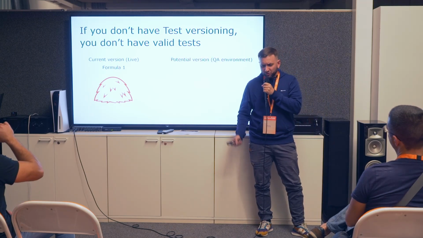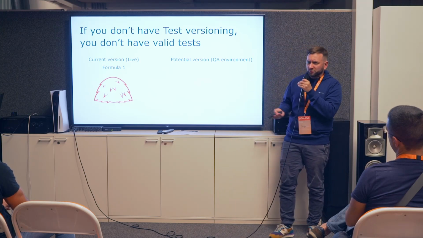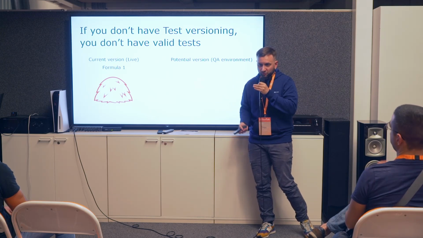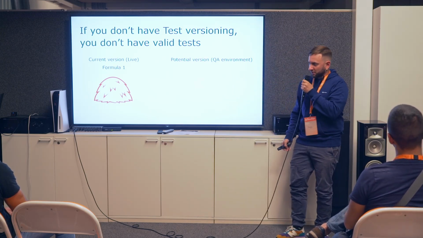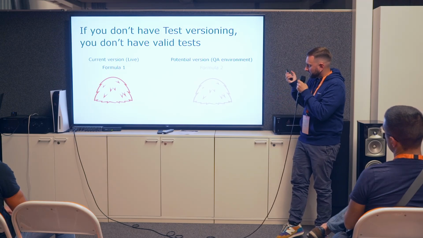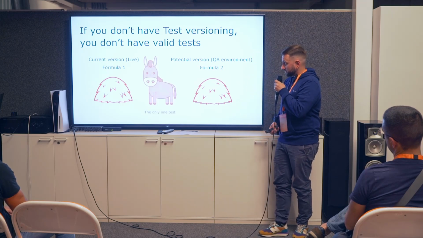But we know that next year some new law will be applied and this formula will be changed. Of course, we are smart guys. We already implemented it in another QA environment and applied this formula. And we don't have any test versioning.